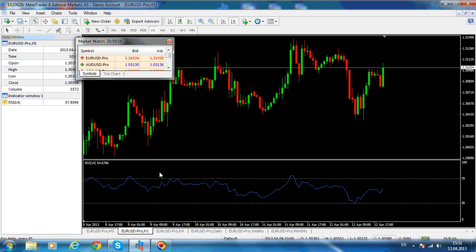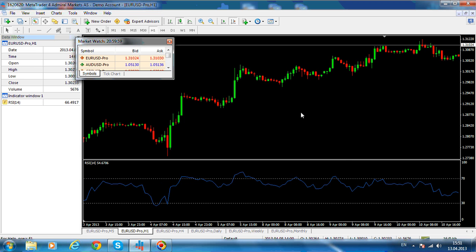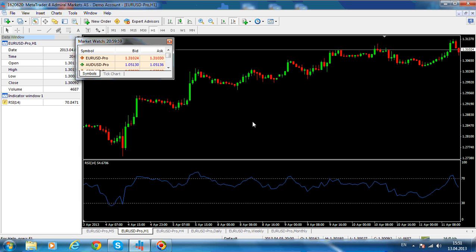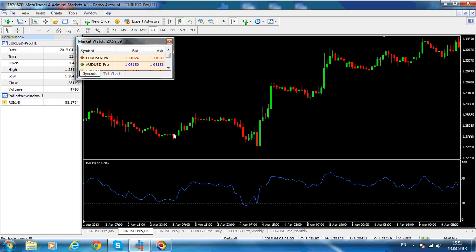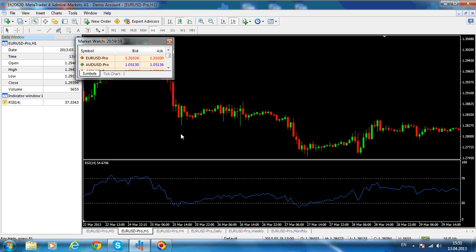This is the oscillator in here, and you see it is giving you values between these 30 and 70 ranges as price moves. This is the same chart that we looked at until now.